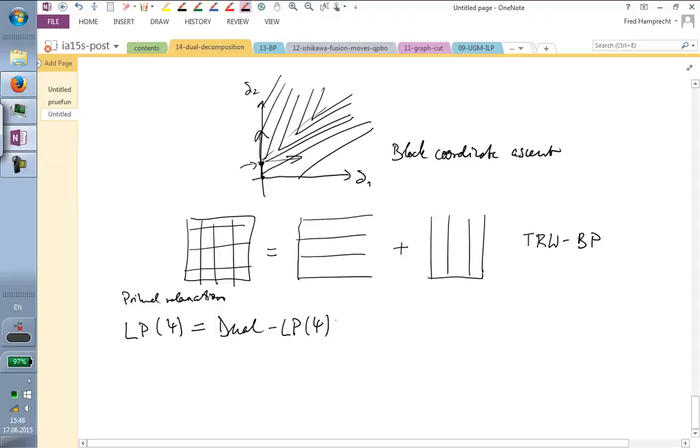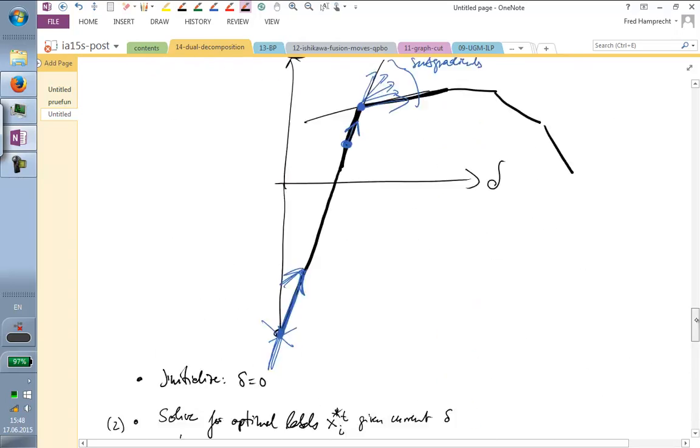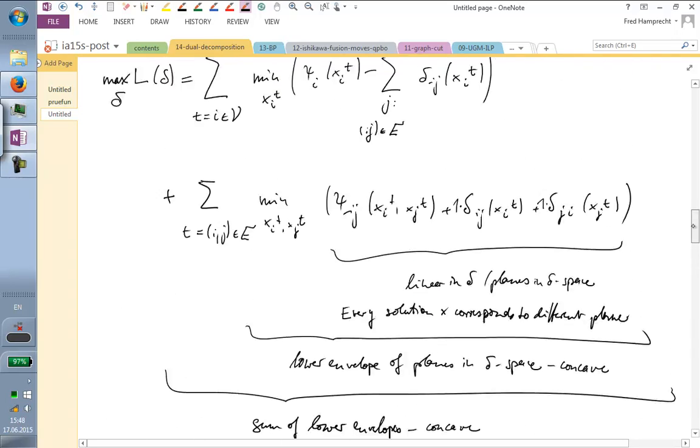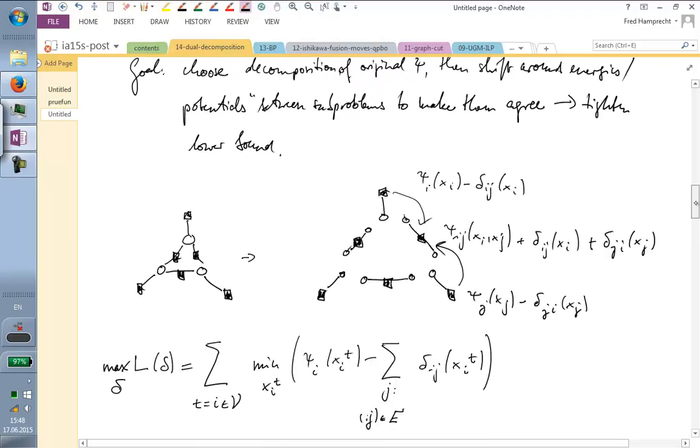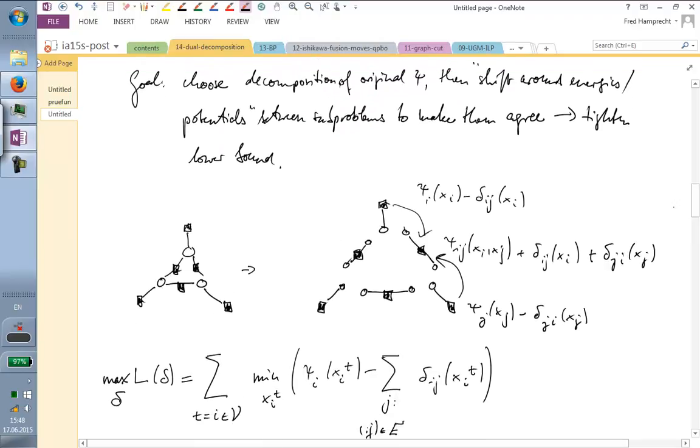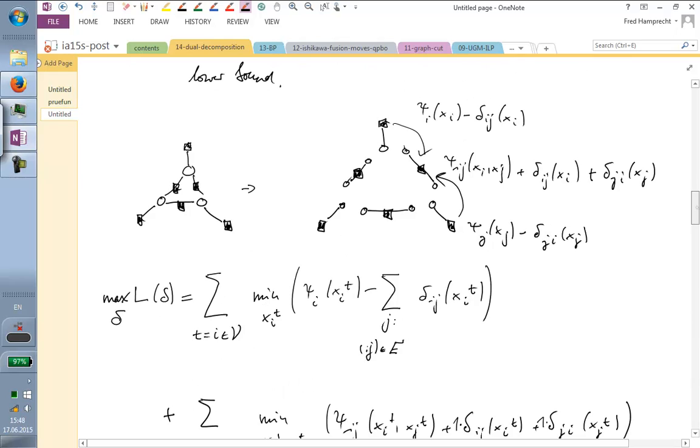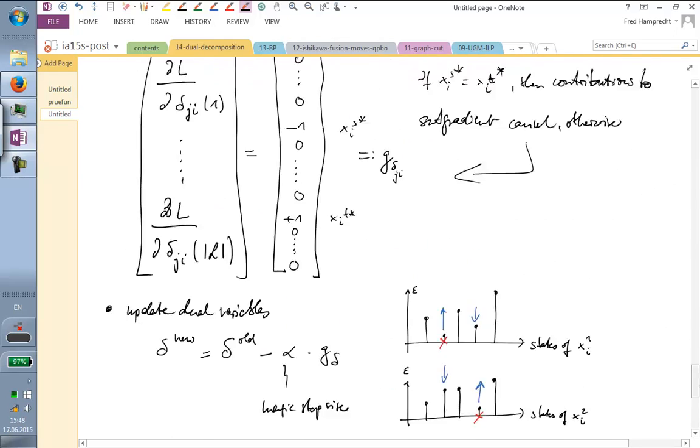It gives us the same energy as this dual LP if we choose the specific decomposition shown here. The specific decomposition was this one, so that we get a separate replica problem for every unary and every pairwise term. And as I said, there are many other decompositions possible.